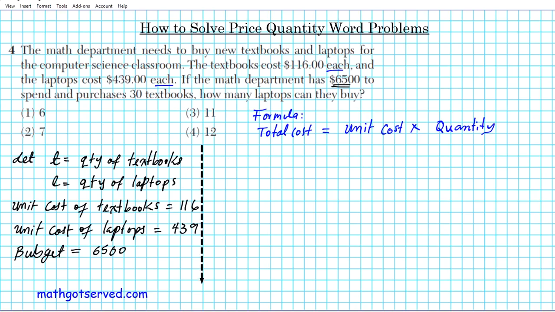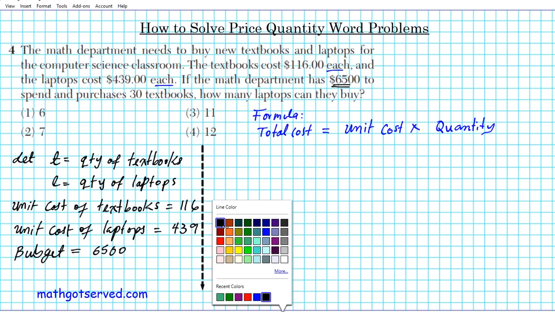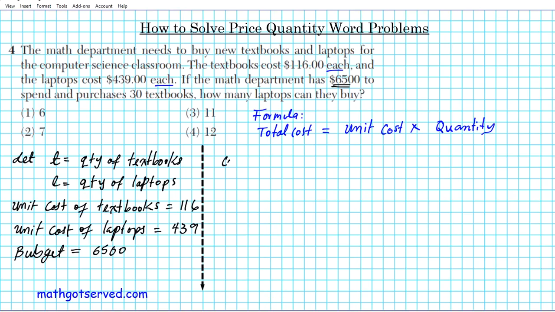All right. Now let's go ahead and write down the formula that we're going to use. We're going to adapt this formula right here to generate our equation. So the formula is as follows. The cost of textbooks plus the cost of laptops is going to be less than or equal to the total amount of money.